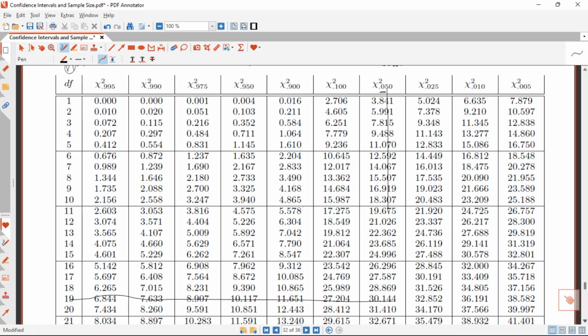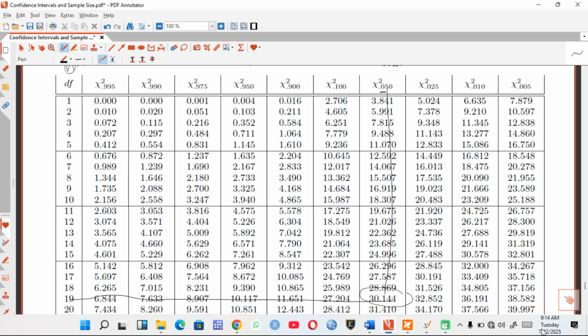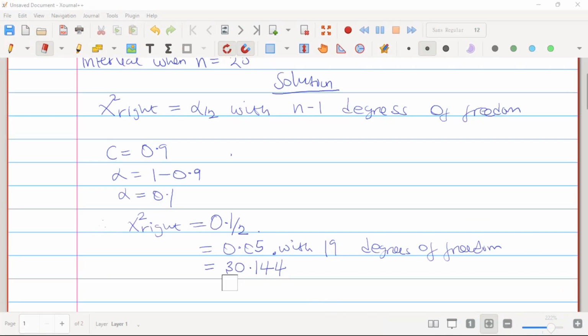They meet at the critical value 30.144. So that's what we have on our worksheet, 30.144.